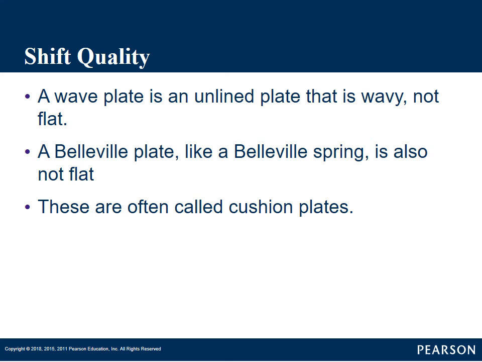A real common clutch pack, in many transmissions, is called the forward clutch pack or the front clutch pack. There's a clutch pack in most transmissions that locks as soon as you put it in a forward gear. So anytime you're in a forward gear, this clutch pack is always locked.